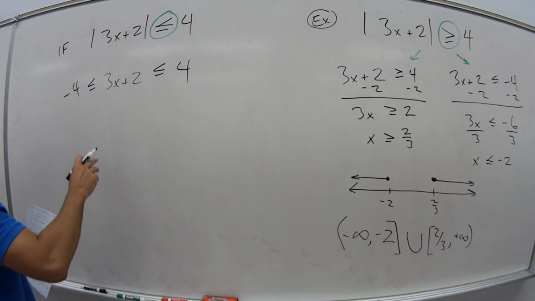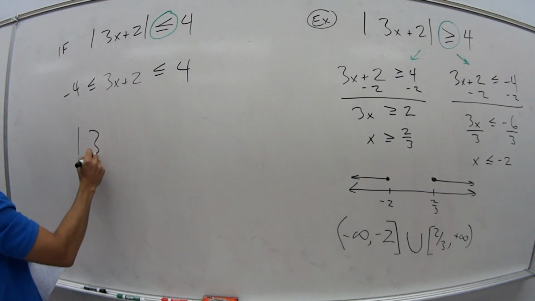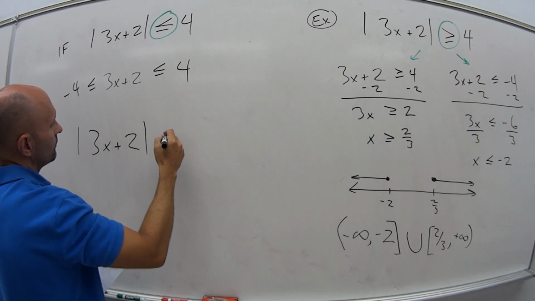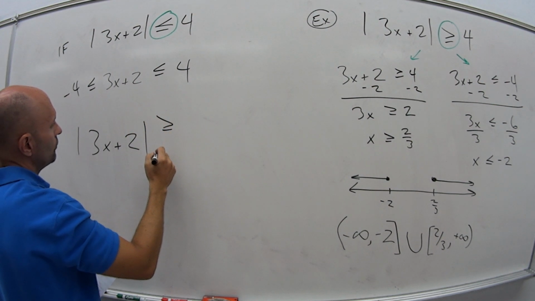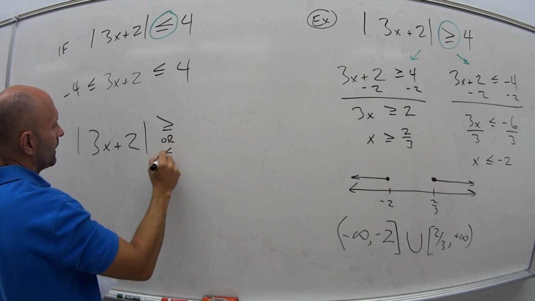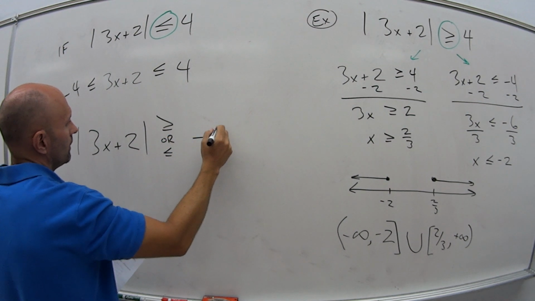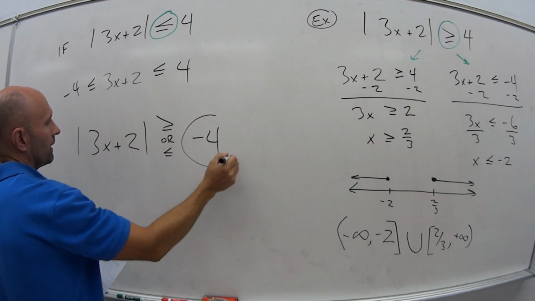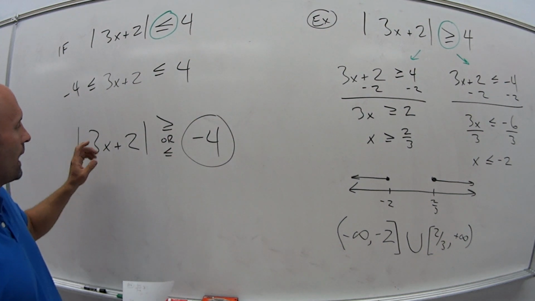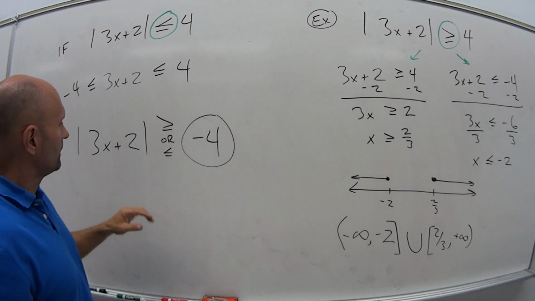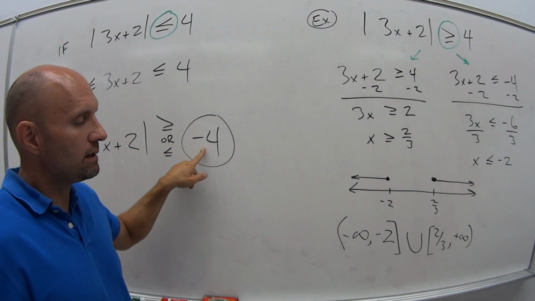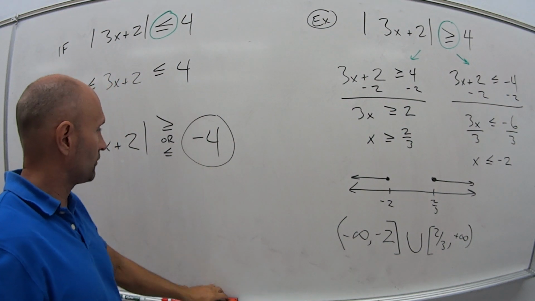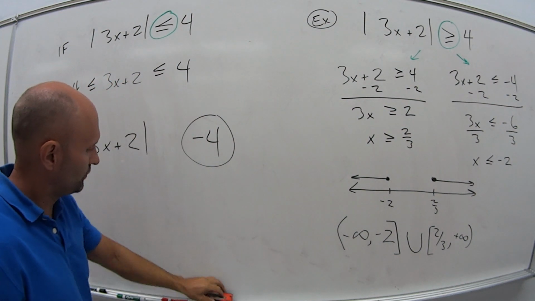The third type is, what if I have absolute value of 3x plus 2 is greater than or equal to, or less than or equal to, negative 4. So what changed? This did, right? Okay, actually I better do this in two spaces here.